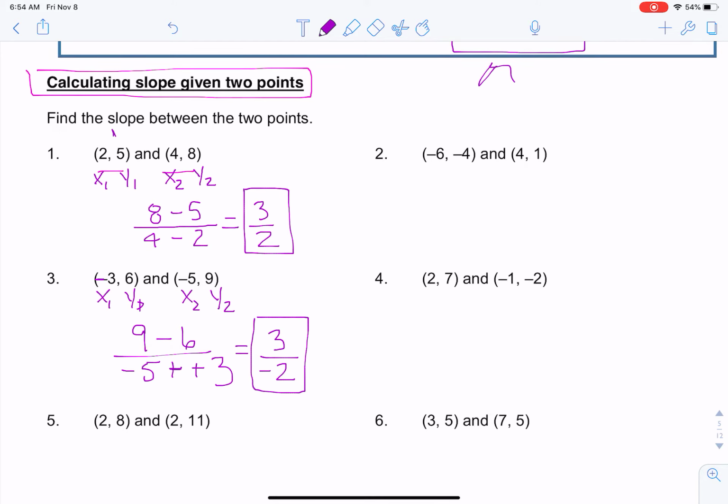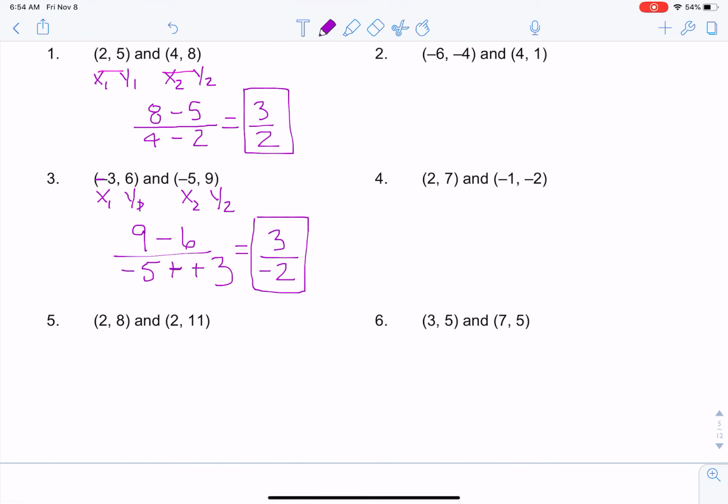Okay, I'm going to try one more with you. Okay, first, always label first x, first y, second x, second y. So I'm going to take 11 minus 8 over, then I'm going to take my 2 minus 2.